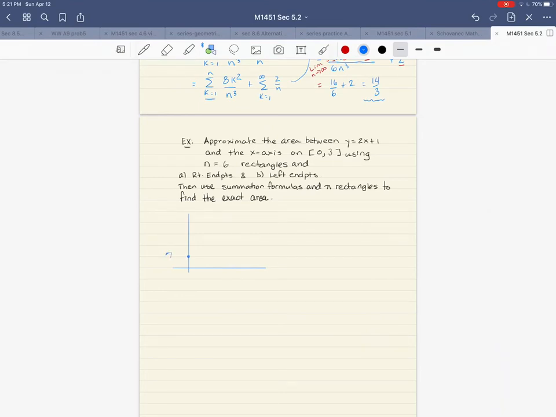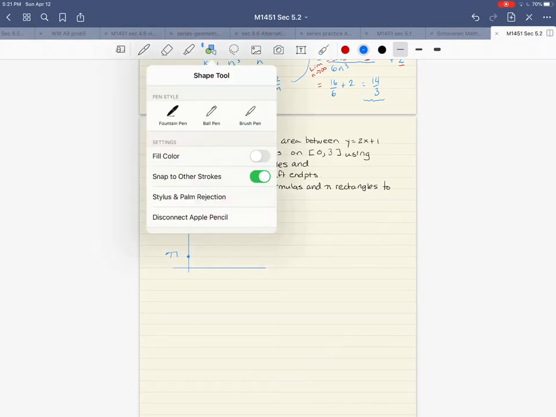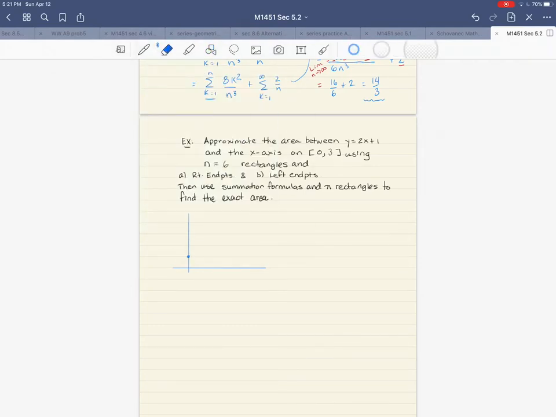When x is 0, I'm out here at 1. And when x is 3, 2 times 3 is 6 plus 1 is 7. Let's just put that right here. So it looks something like that.